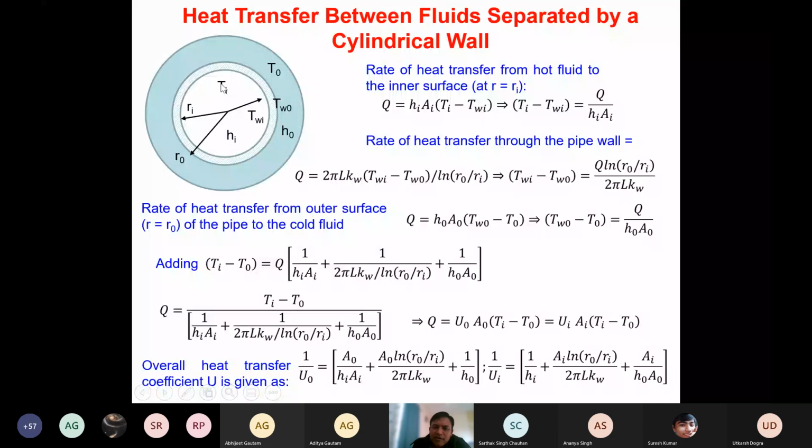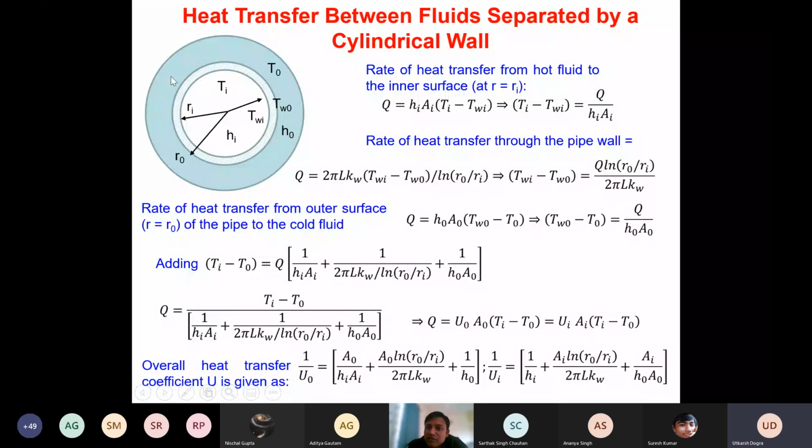Hi is the heat transfer coefficient for the inner fluid. Similarly, the outer surface temperature of the inner pipe is going to be Tw naught. T naught is the bulk temperature of the annular fluid. H naught is the heat transfer coefficient for the outer fluid.